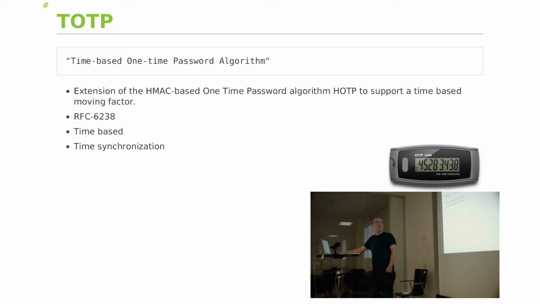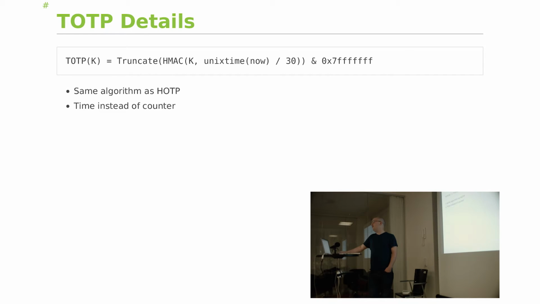The standard allows for very different use cases, but it typically uses seconds since January 1st, 1970, divided by 30 as the challenge, or as what time is now. And it's the same algorithm, so nothing different there.